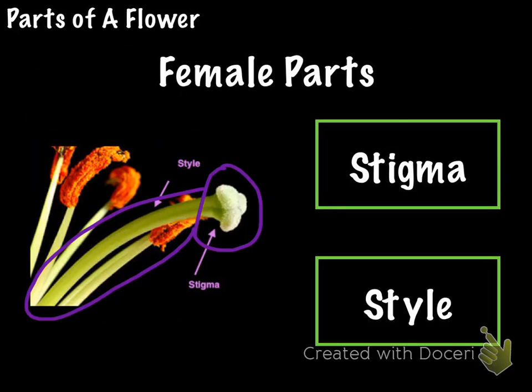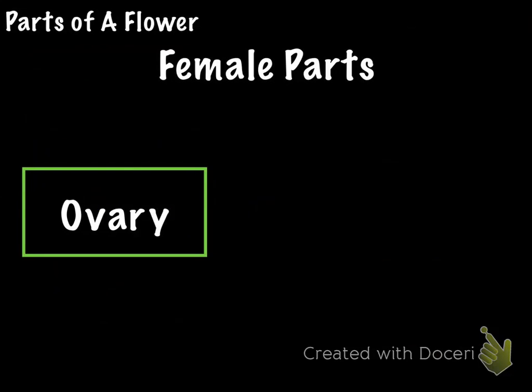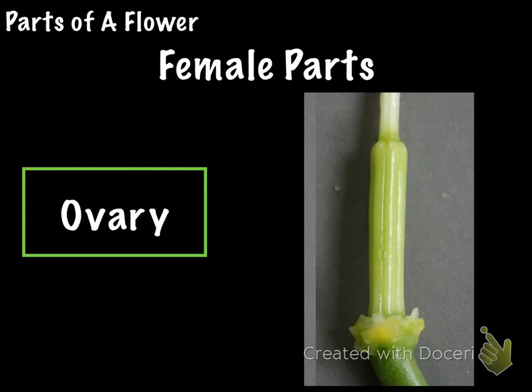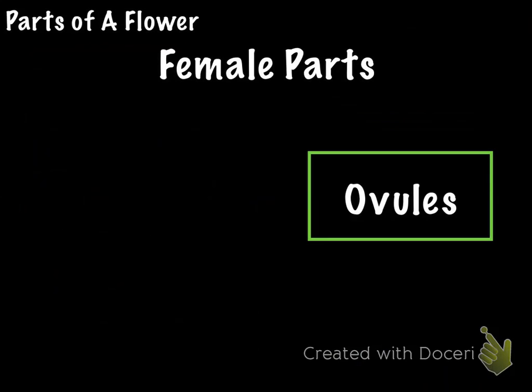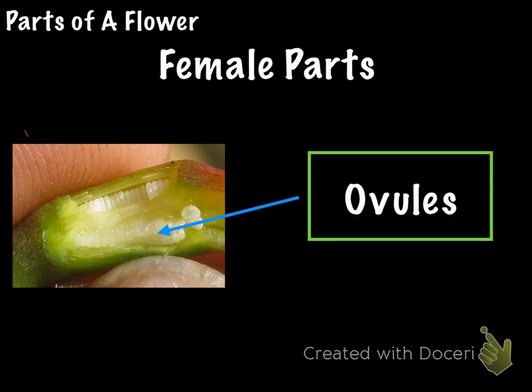Can you see so far, right? Next, we have the ovary. The one that I'm showing to you is the ovary. Can you see that? Now, the one that is inside the ovary is the ovules. Can you see that? This is the ovules.